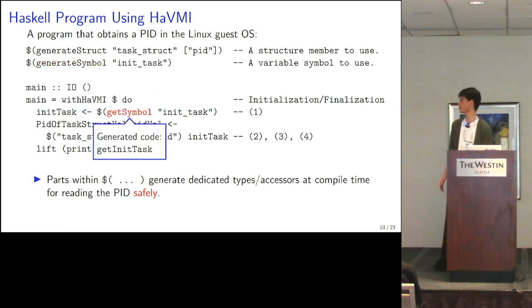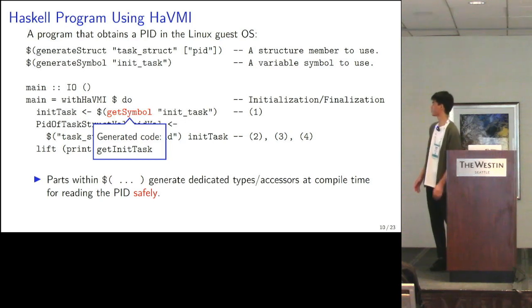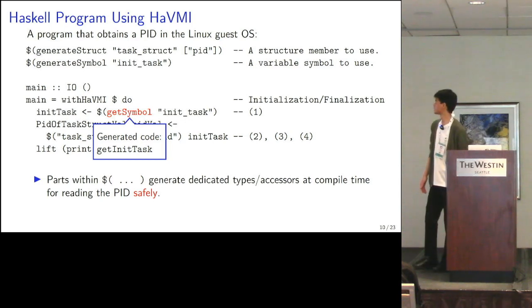For intuitive use by programmers, the get symbol meta function takes the symbol name to generate a corresponding Haskell variable, in this case, get init task.